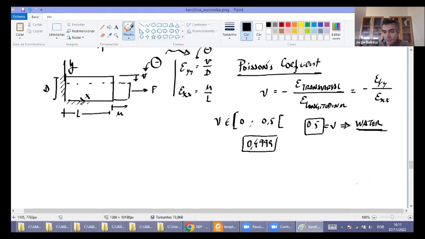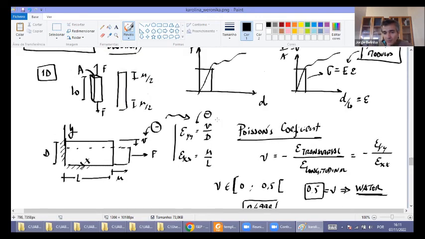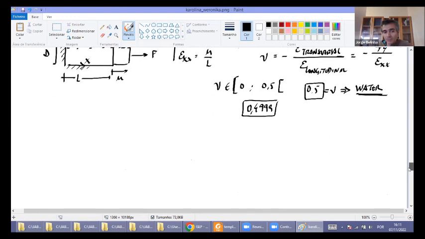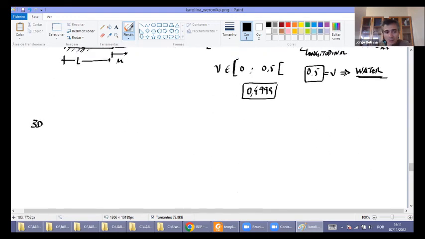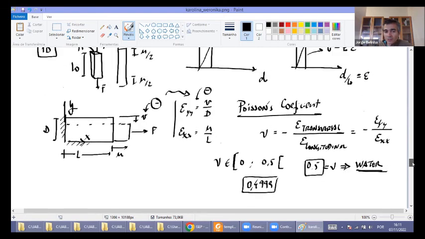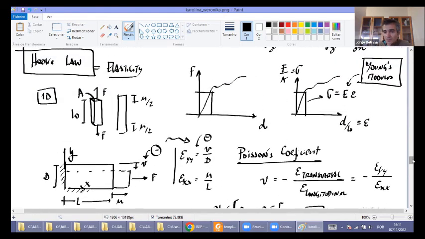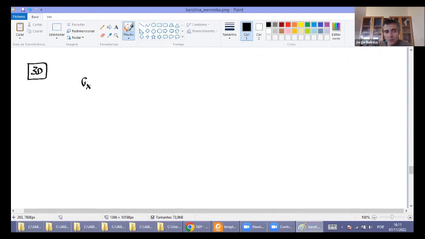Well, if we have all this stuff accounted in a 3D problem, the relation is not as simple as this. We can put our stress tensor in Voigt notation. Voigt notation is what this is called, okay?